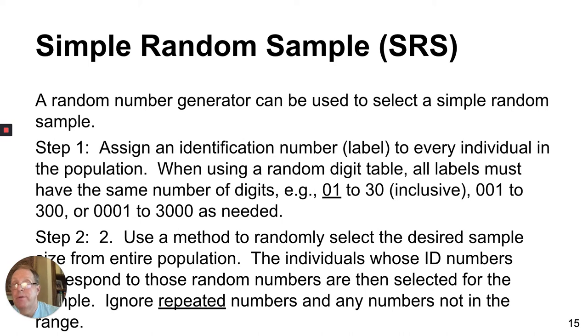What's important about a simple random sample here is that you precisely describe the number assignment process, that you give clear instructions on how you randomize, and then that you tell us that you select the subjects whose numbers correspond with that ID number that you've given them.